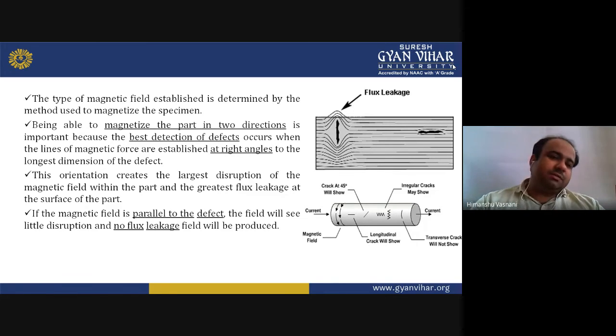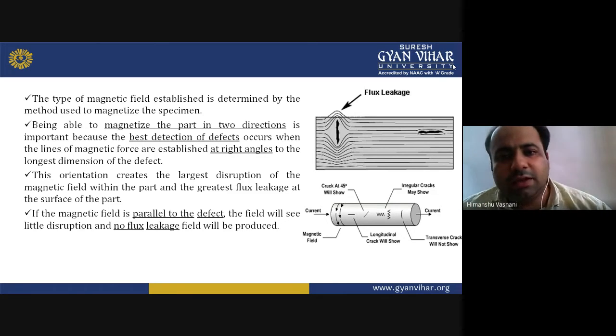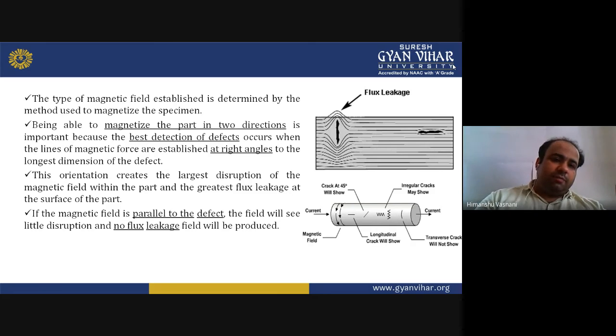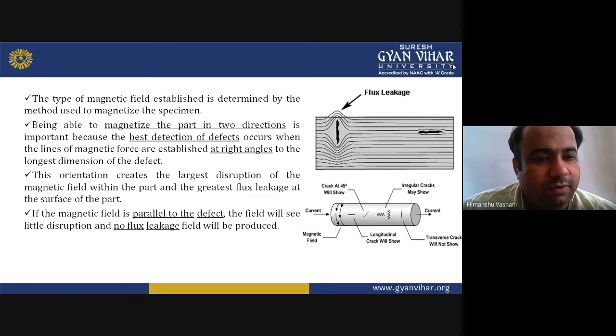Now we are magnetizing the specimen. And being able to magnetize the part in two directions is important because the best detection of defects, now you are working on finding the defect, that is defect detection, occurs when the lines of magnetic force are established at right angles to the longest dimension of the defect.